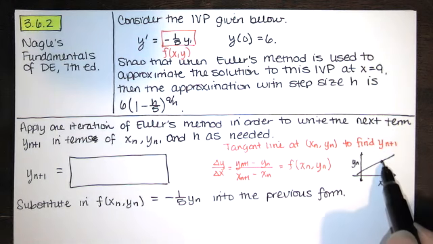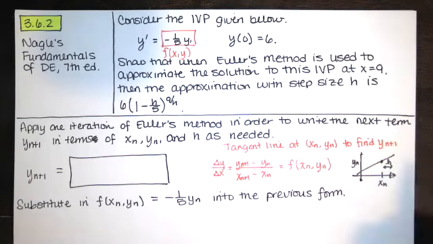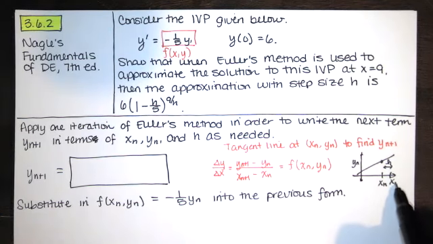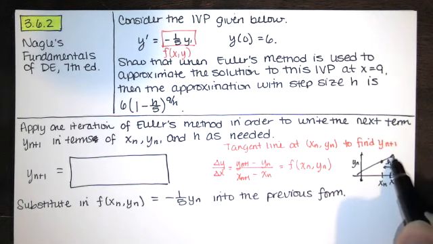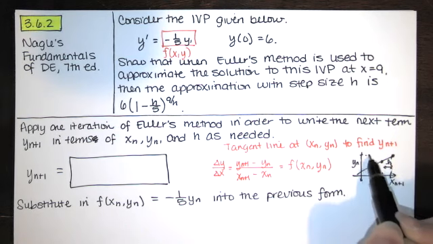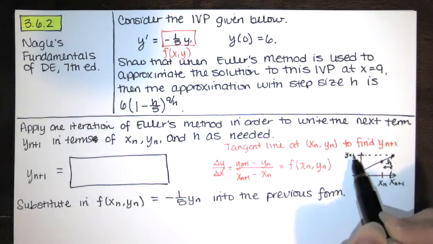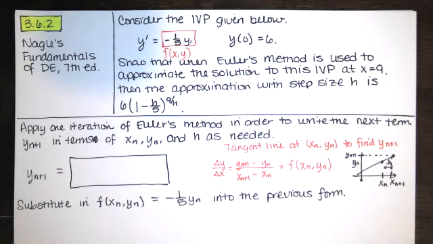And then we say, okay, if we go a little step like this, h, in the x direction to get to x sub n plus 1, we're going to say that the y value right there is probably on our solution curve. That's going to be our approximation of the solution. We're going to call that y sub n plus 1.